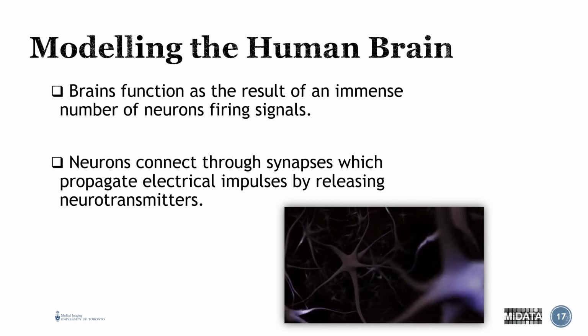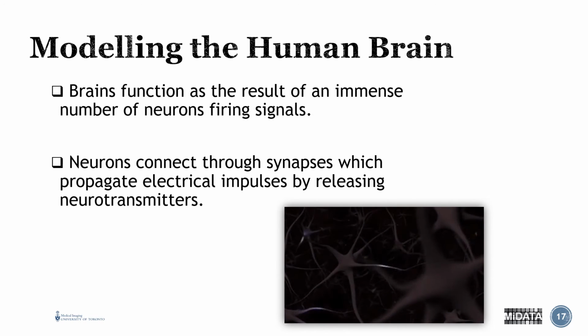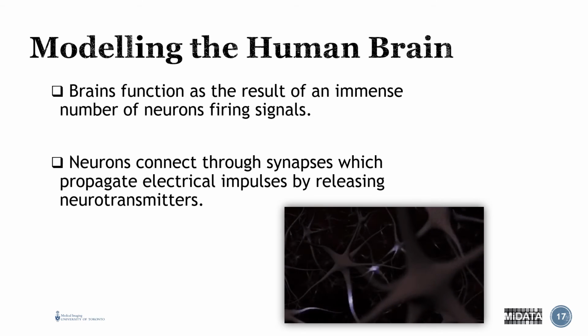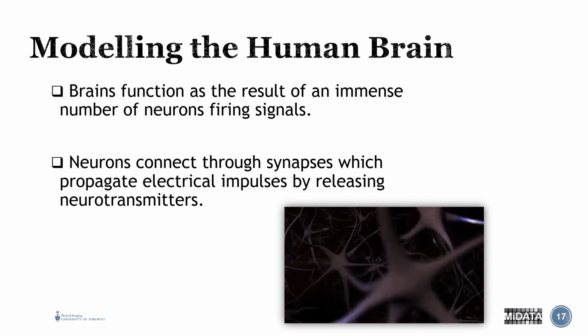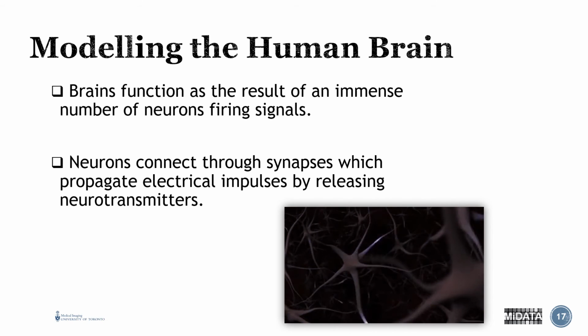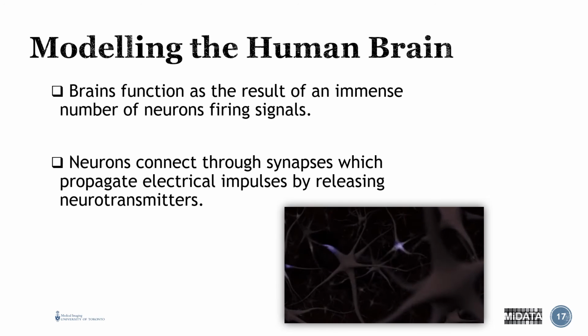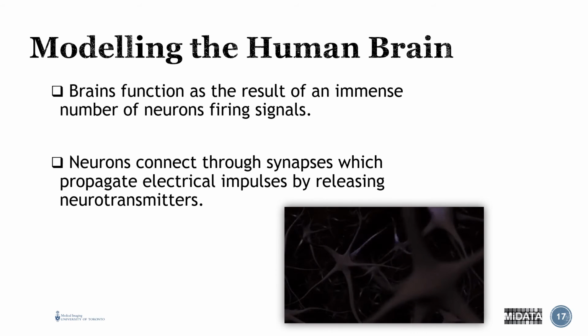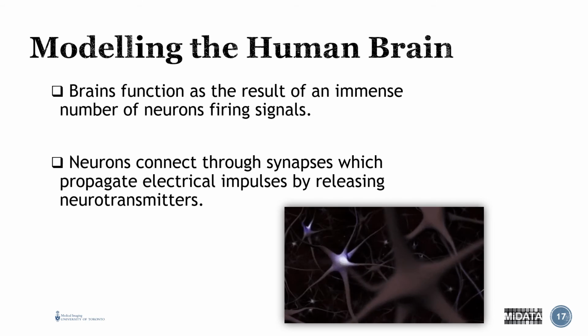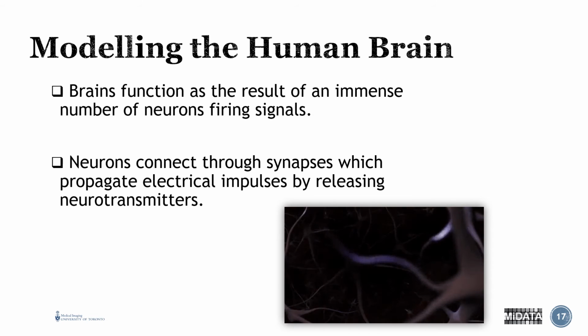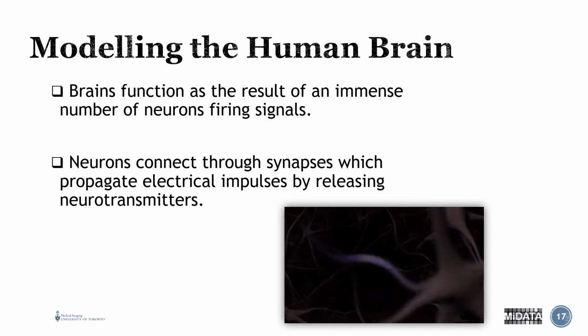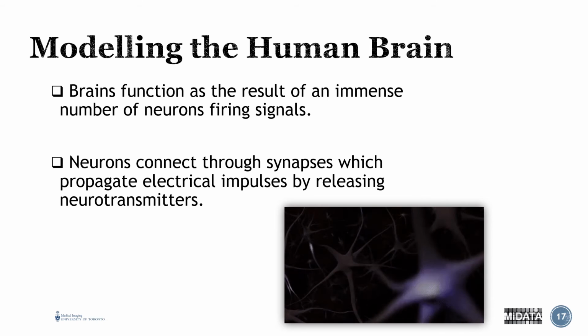So, modeling the human brain: brains function as the result of an immense number of neurons firing signals. Okay, so this is just physiology, right? Neurons connect through synapses, which propagate electrical impulses by releasing neurotransmitters. So in a nutshell, that's how our brain works.